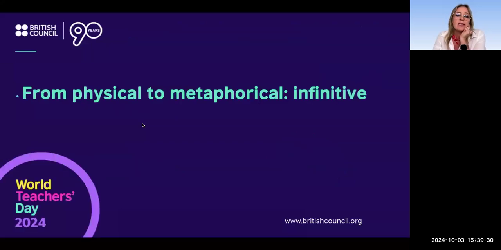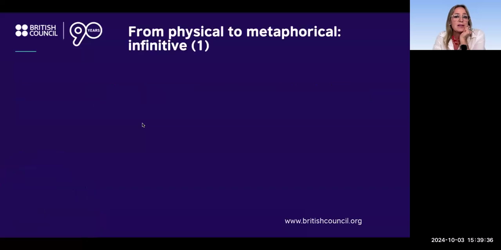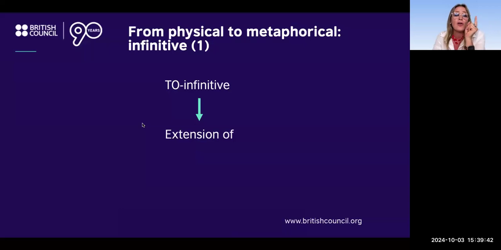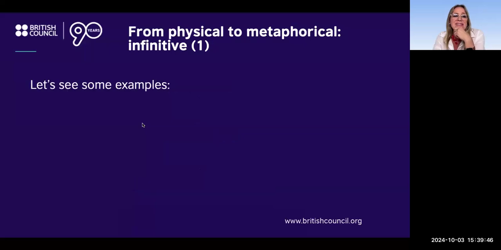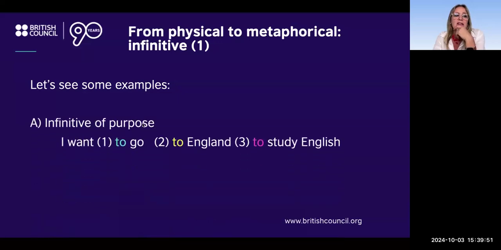And we can take it even further. So "to" is also used as a marker for the infinitive, but historically the marker of the infinitive is an extension of the preposition of motion. And we can see it in various contexts. So here we can see 3 examples of "to".